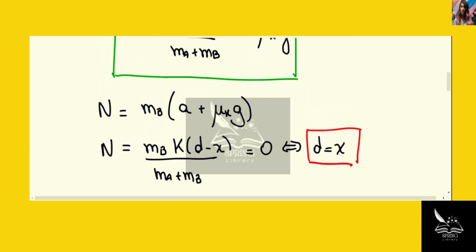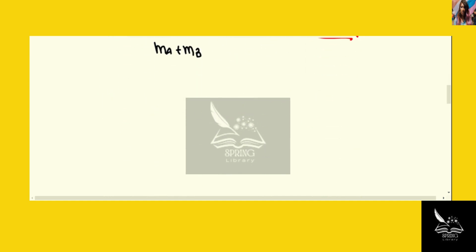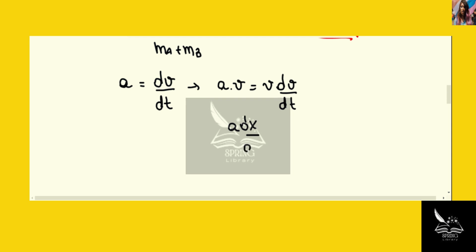Now we are in a position to show that the inequality the exercise gave us actually holds. Remember that the acceleration is equal to dv/dt. So A times V is equal to V times dv/dt, and I'm going to write V as dx/dt. So A dx/dt is V dv/dt.